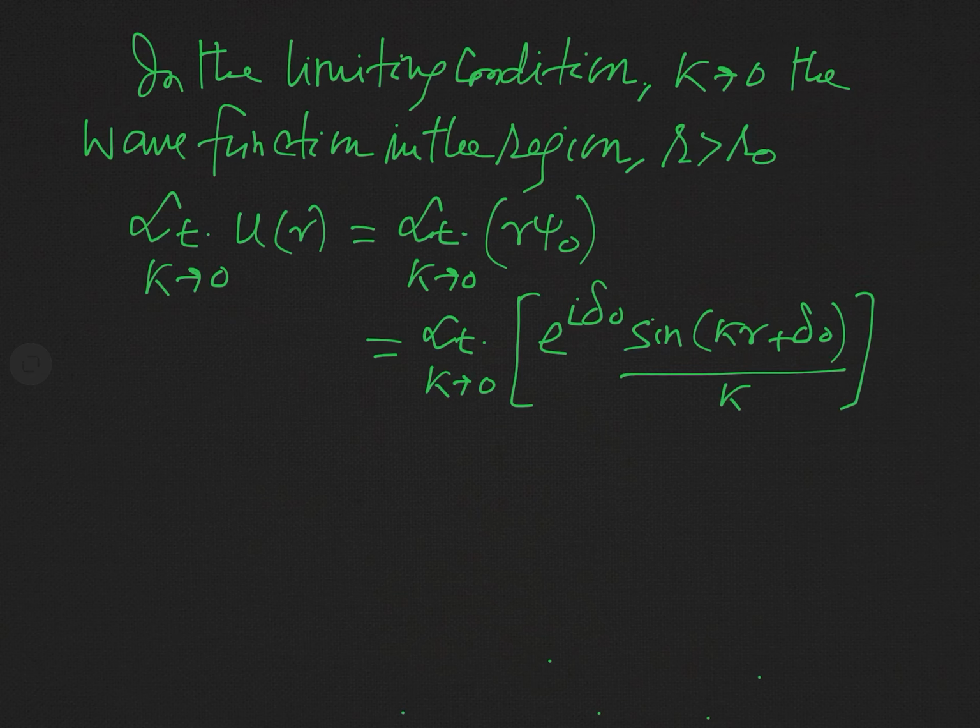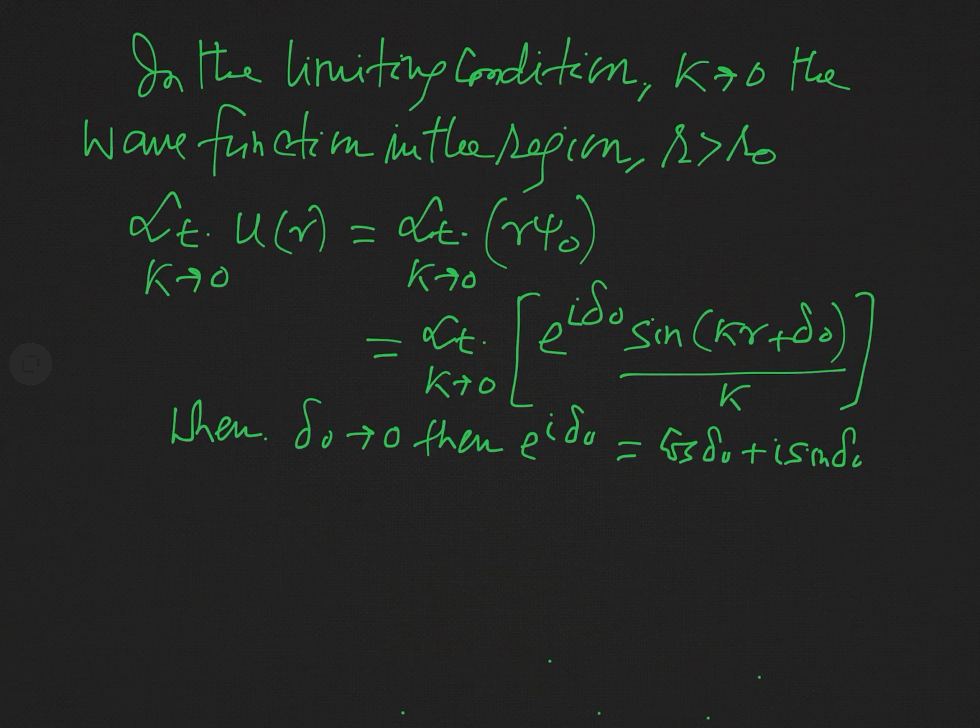So, if we take delta naught tending towards 0, then e to the power i delta naught is cos delta naught plus i sine delta naught, and as delta naught is tending towards 0, this will be 1 plus 0, so this will be 1.